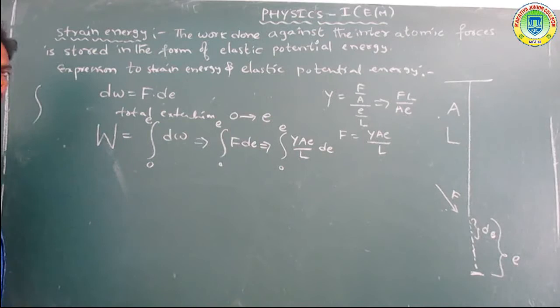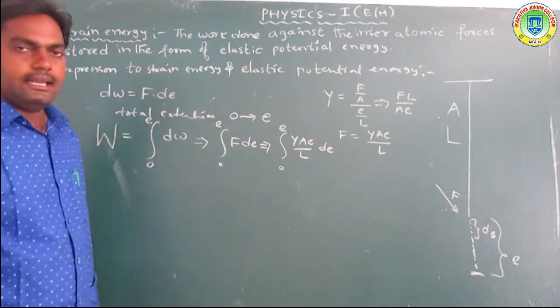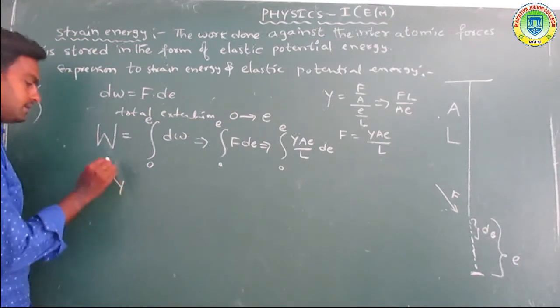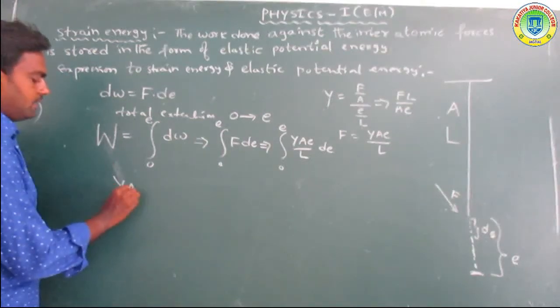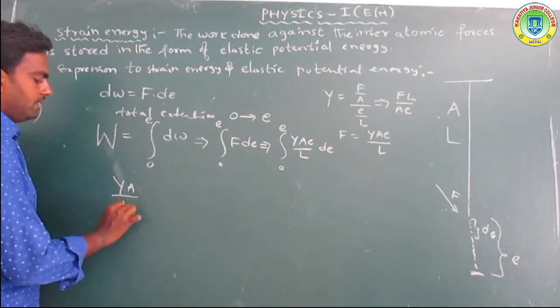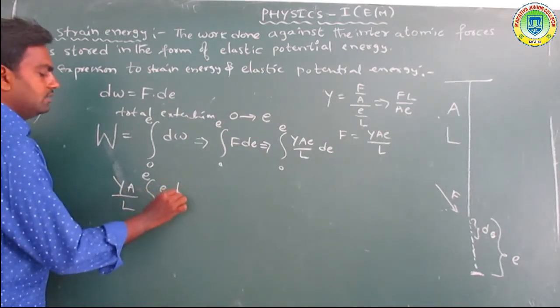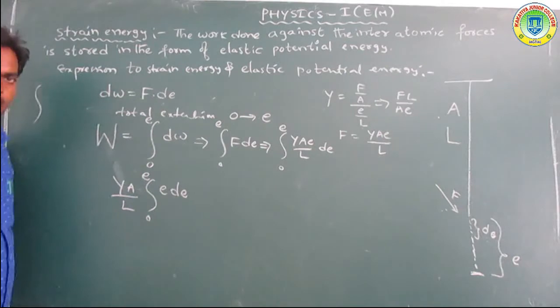Young modulus is constant, area is constant, and L is also constant, so the constant terms are taken outside, leaving integration from 0 to e of e de.